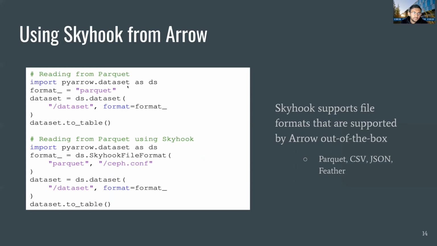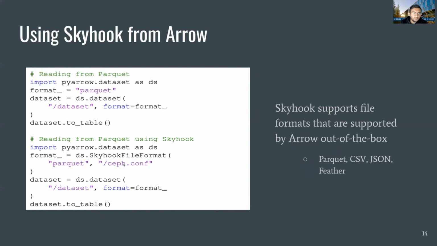In general, using the dataset API, if you want to scan a dataset containing Parquet files, you do something like this. You instantiate a Parquet format, you provide the format argument to the dataset API and mention the dataset, and that's it. But using Skyhook is also really simple. We have devised this Skyhook file format abstraction, which is a virtual file format that can offload scans to any real file format, such as Parquet, Feather, IPC, whatever.